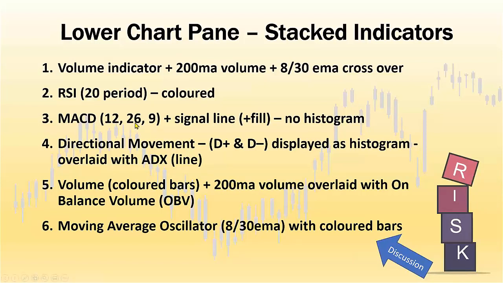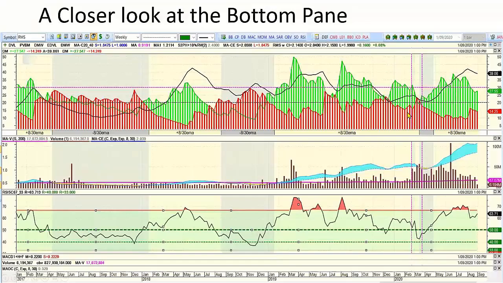I use the standard MACD 12/26 plus the signal line, and then no histogram. I use the directional movement, D plus, D minus, displayed as a histogram overlaid with the ADX line. I use volume coloured bars with the 200 moving average volume overlaid on an on-balance volume, and a moving average oscillator, which I showed earlier, and I'll show you again now.